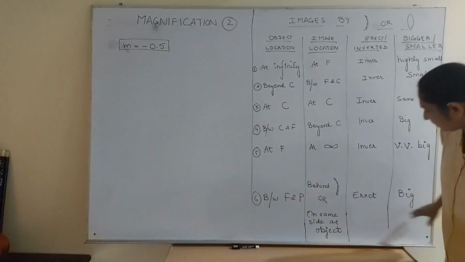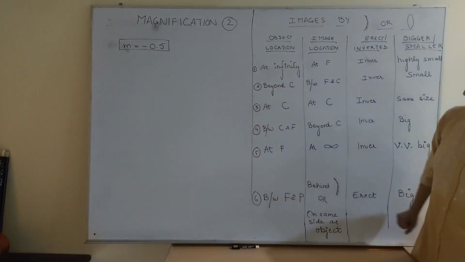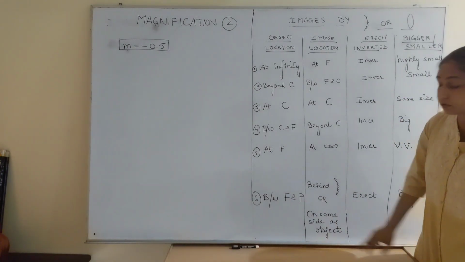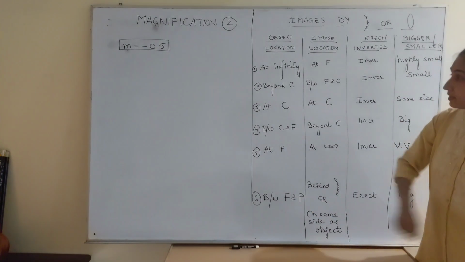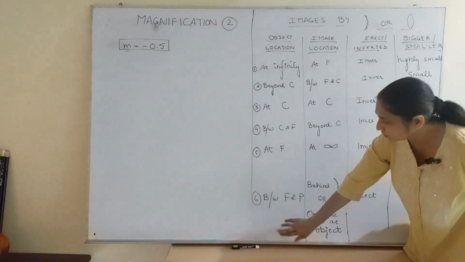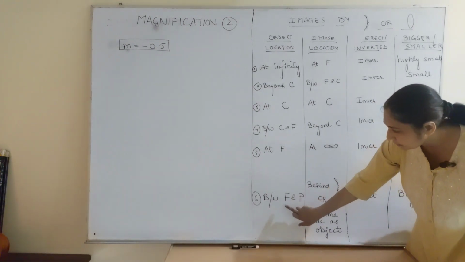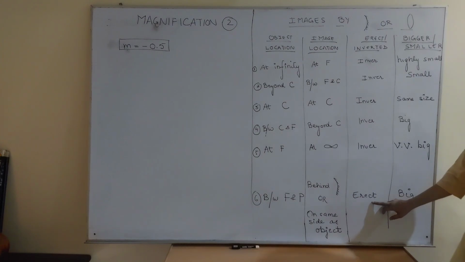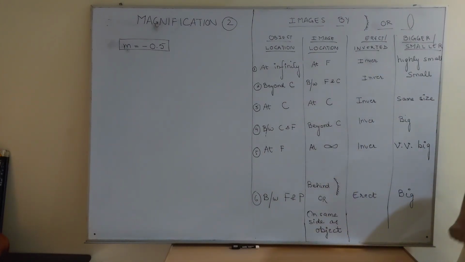This is a different example which is there for both the cases, where the object comes in between focus and pole, or focus and optical center. If the object is between focus and pole, then the image is erect, very different from the rest of them, and the image is big. This we need to remember.